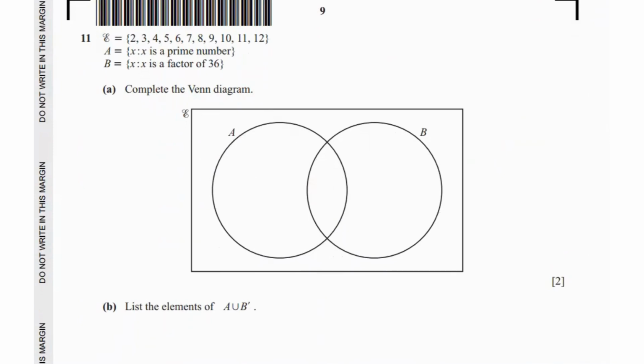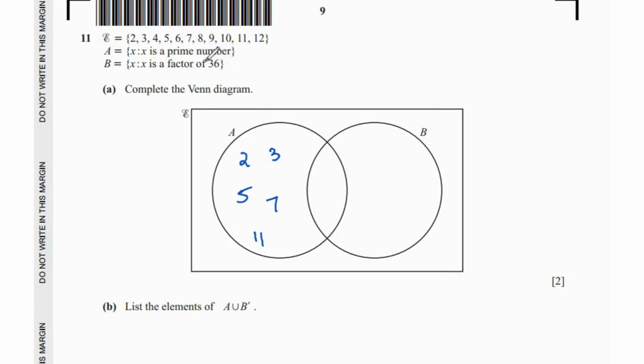Then it says that we have a universal set with numbers 2, 3, 4, 5, 6, 7, 8, 9, 10, 11, 12. Set A shows that x is a prime number, and set B shows that x is a factor of 36. Complete the Venn diagram. So if it's a prime number, then 2, 3, 5, 7, and 11 come over here.